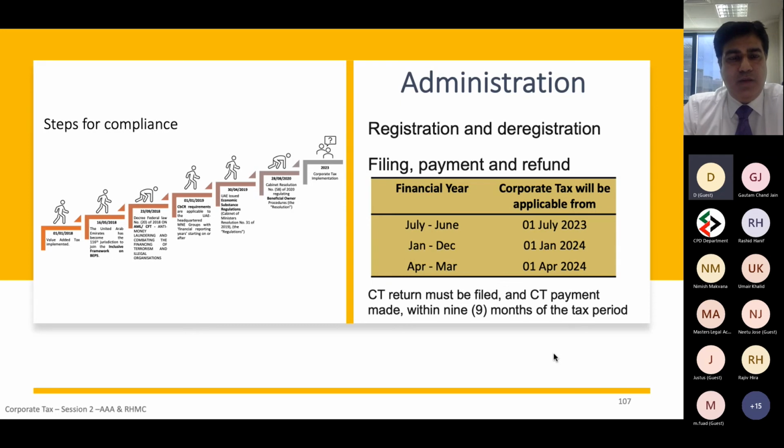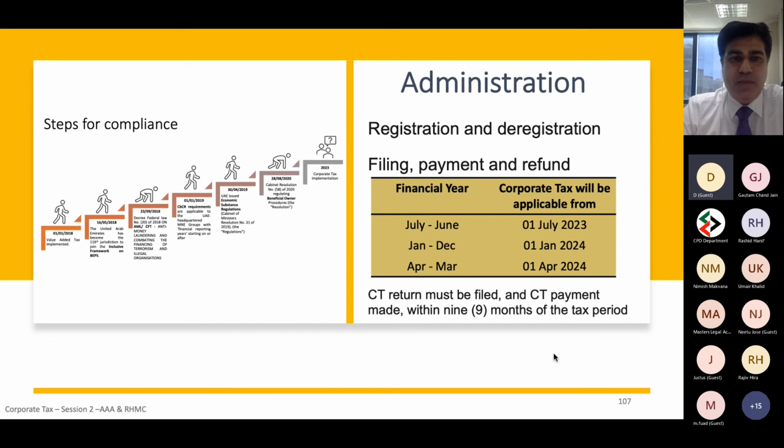As we looked at a lot of steps for compliance, I can say all these are connected. I'm certain that corporate tax is not a standalone tax to be looked at. We started in 2018 majorly. Value-added tax got into place in May 2018.